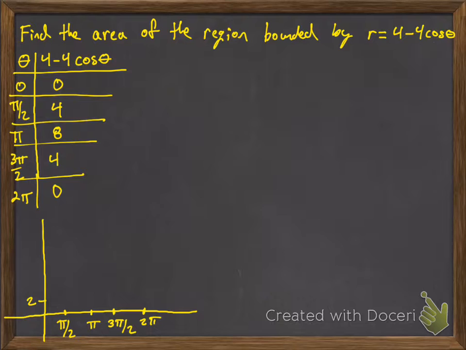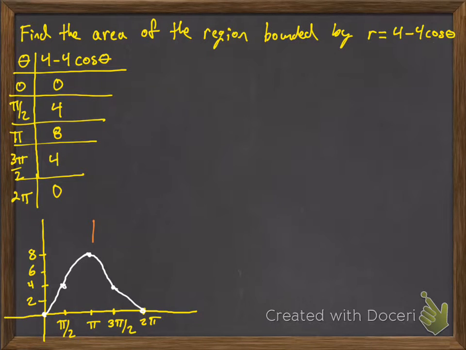The amplitude is 4, so it's going to be stretched. The negative 4 is going to cause a reflection over the x-axis, and then the 4 on the outside is going to cause a vertical shift up 4 units. So we'll graph that and take a look at what it looks like, and that's going to help us when we graph this.